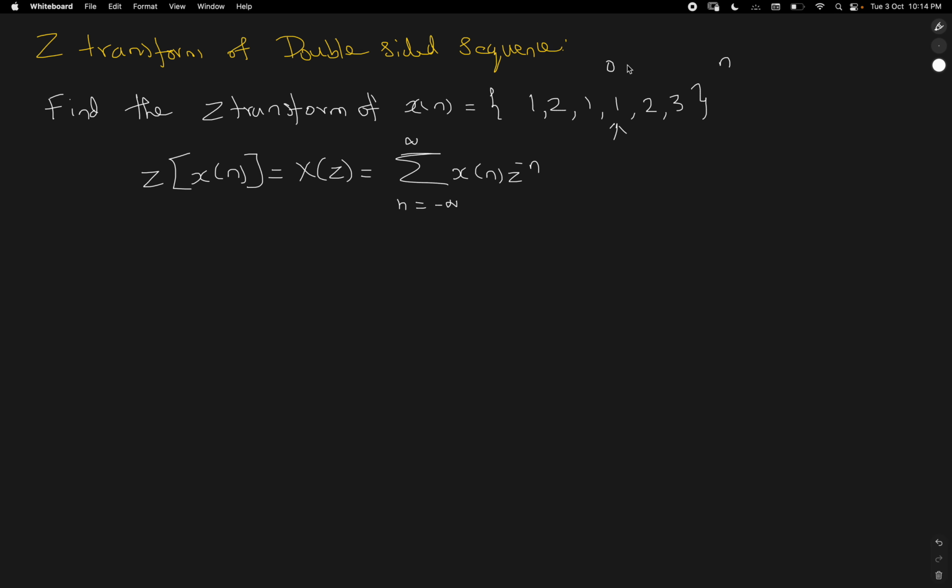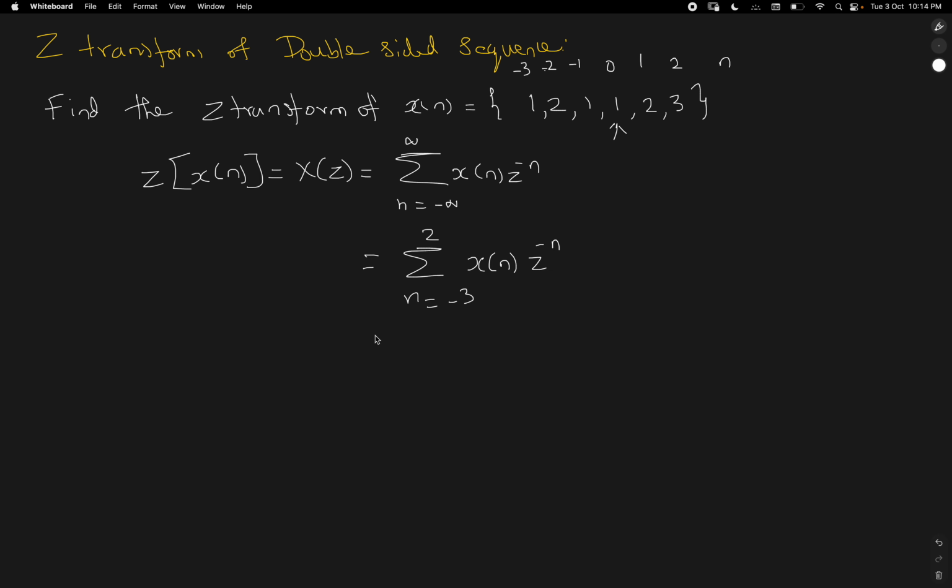So the right side of that arrow denotes n is equal to 1 and n is equal to 2. The left side of the arrow denotes n is equal to minus 1, minus 2 and minus 3 respectively. So the useful limits of n are nothing but n is equal to minus 3 to plus 2 for this case, and this is the modified version of the Z transform formula for this problem.